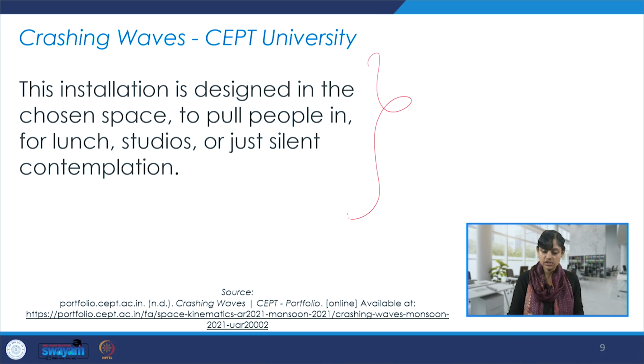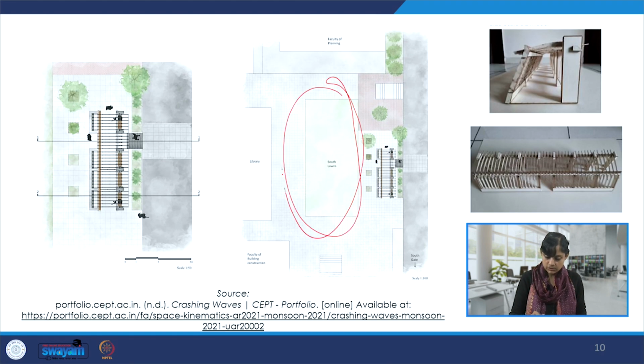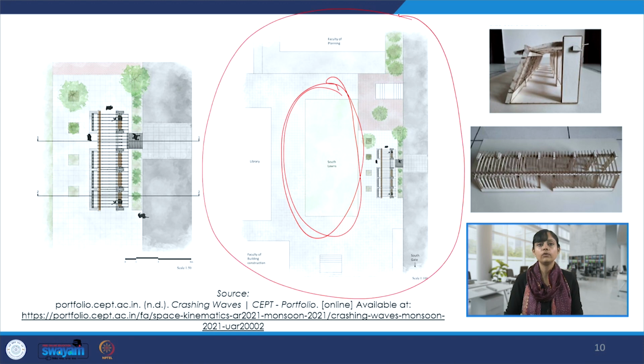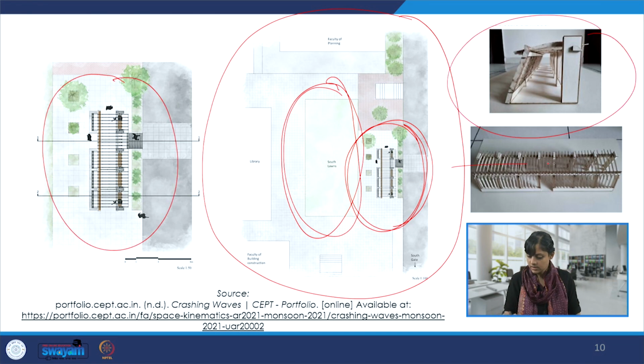Very, very engaging and interesting installation design. This is the South Lawns that I was mentioning. If we try to see the context of the CEPT University, this is the space where this installation is put. This is the expanse where it is installed, and then it of course operates through the swing being used by a user.